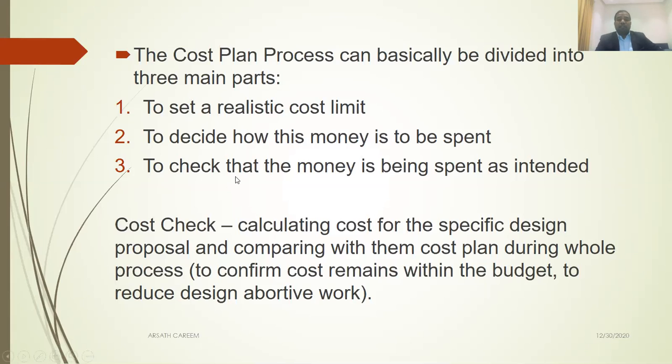So the third process is cost check: the first is cost limit, the second is cost target, the third is cost check. What does cost check mean? Calculating the cost for the specific design proposal and comparing it with the cost plan during the whole process, to confirm the cost remains within the budget and to reduce design abortive work. This is the purpose of cost check.